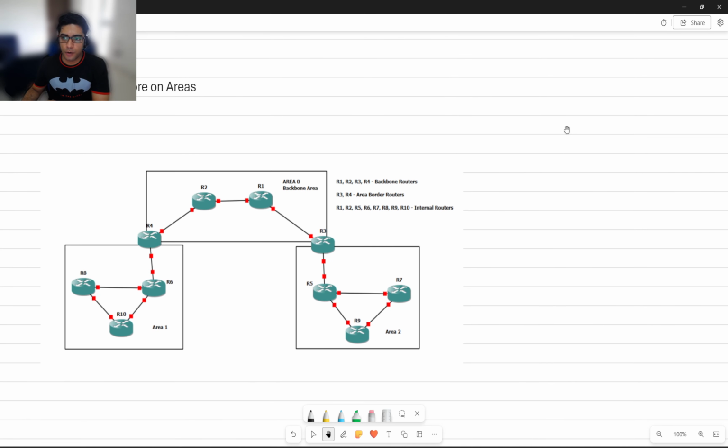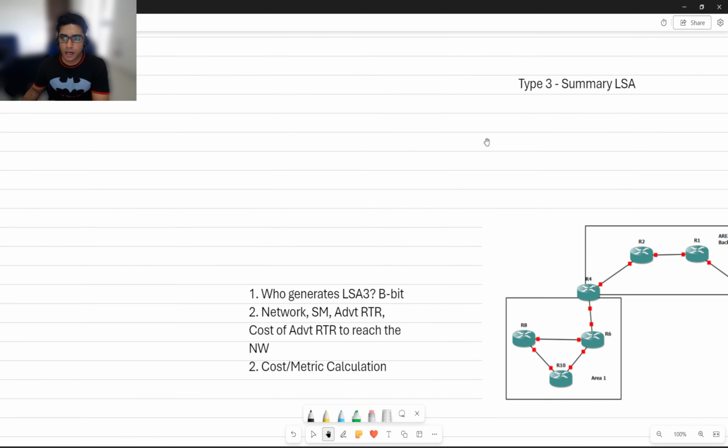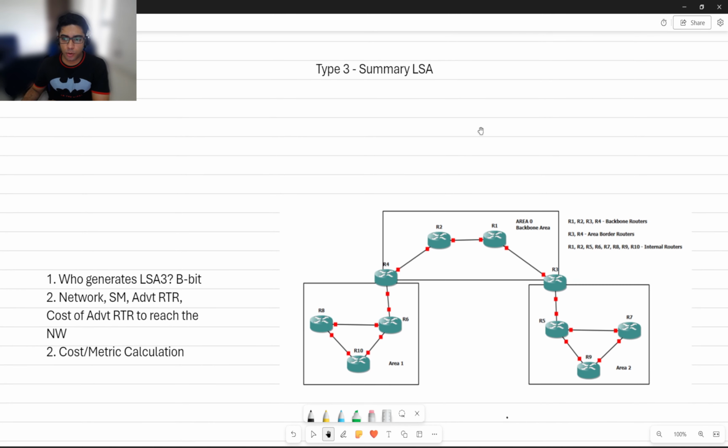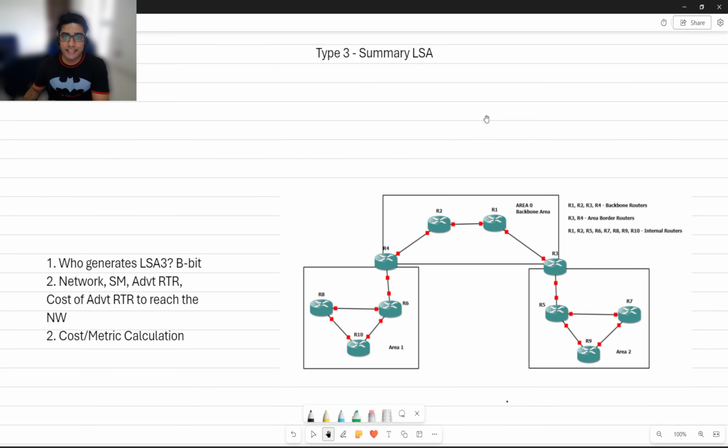We discussed with a practical how routers in different areas calculate their cost to reach each other through the summary LSA, or the type 3 LSA. As we saw in the last video, R8 and R4 both belong to the same area. R4 will generate a type 3 LSA and flood it in area 0, saying that if you want to reach R8, you need to go through me.